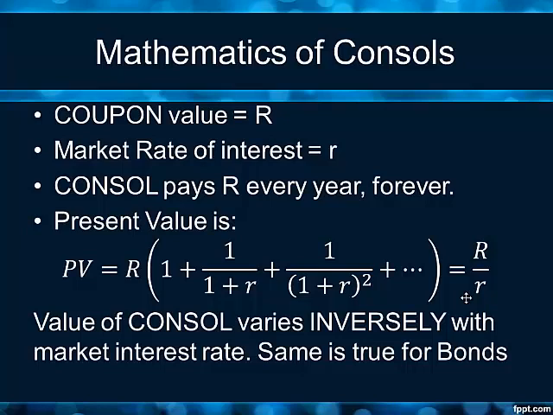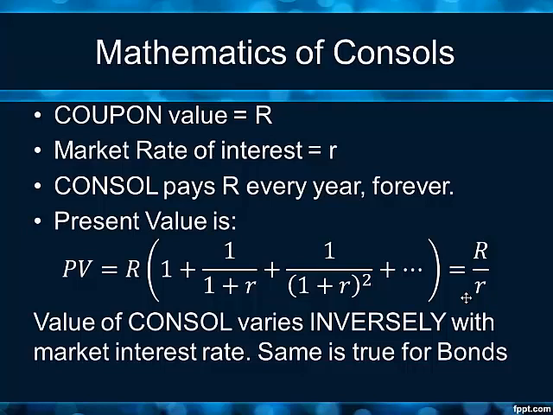So the present value calculation: assume that I receive a payment immediately at time 0, which is R. Then I receive a payment of R 1 year from now. So the value of that is R divided by 1 plus r. Now if you go 2 years, then you can apply this step twice, and so the value of the payment R 2 years from now is R divided by 1 plus r squared.